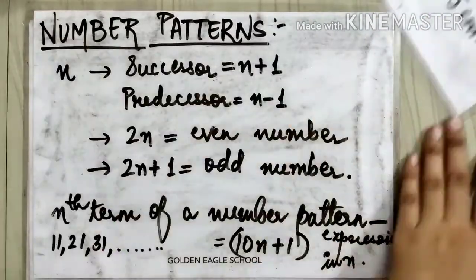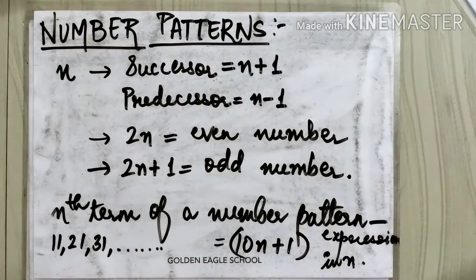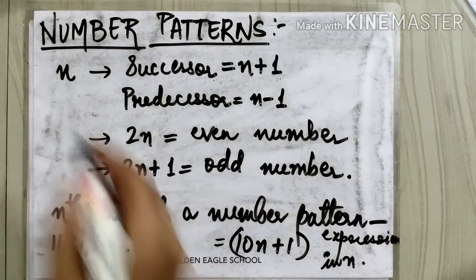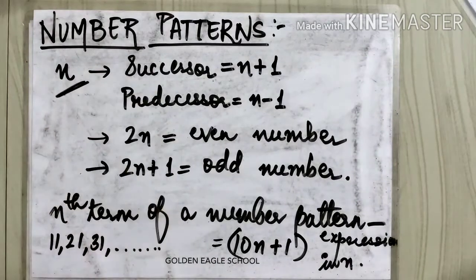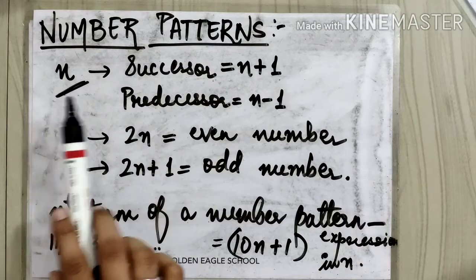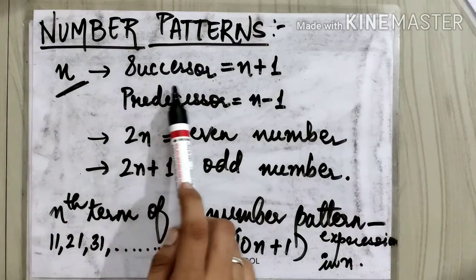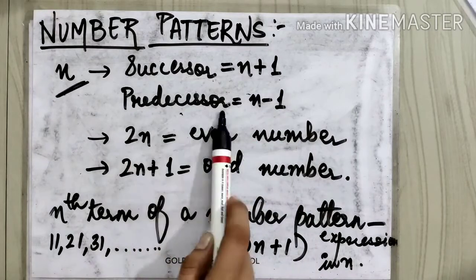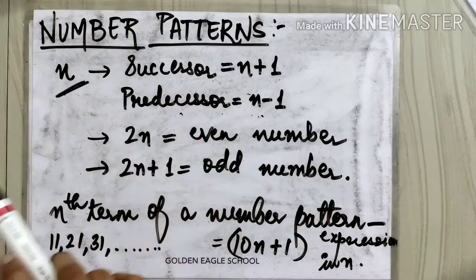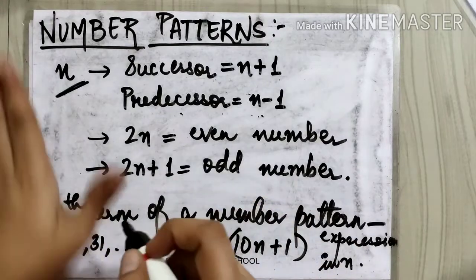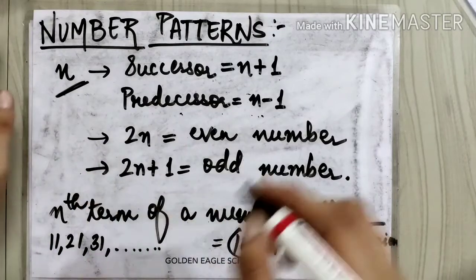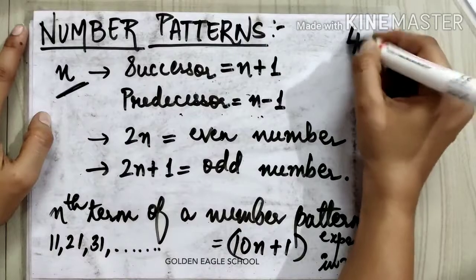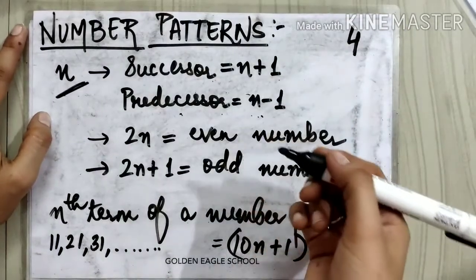Now, the next thing is that some number patterns also take the help of algebraic expressions. How? For example, n is a number. The successor of n will be n plus 1. The predecessor will be n minus 1. Let us take n as 4.